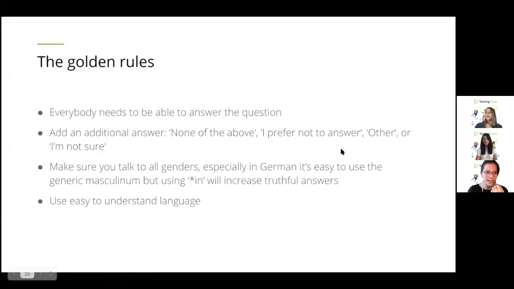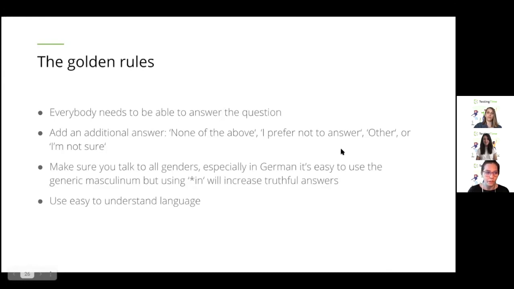These are some things that I always think about when I write screeners. First, everybody needs to be able to answer the question. Just imagine every possible situation of every person. I know it's hard, but try to imagine and give them an option to answer.